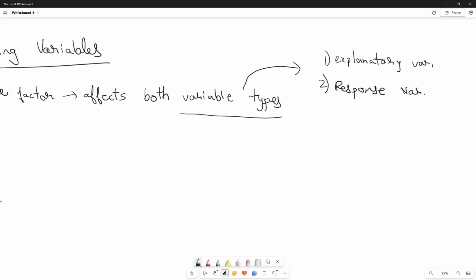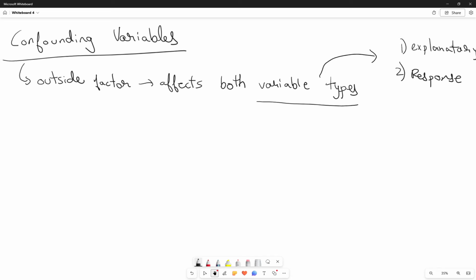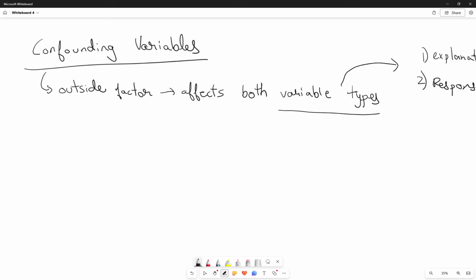This is primarily the y. This is primarily the x. Right. So this confounding variable affects both, and it makes it hard to tell what caused the change in a study.